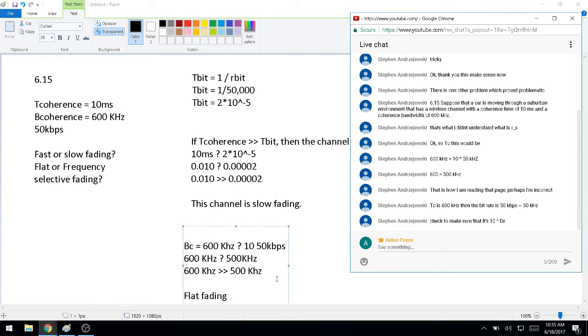Steven's giving his explanation as well, that the coherence bandwidth, that should be BC, is 600 kilohertz, and the bit rate is 50 kilobits, which is roughly equivalent to 50 kilohertz. It makes sense that this is flat fading, because we're looking at the bandwidth over which the signal remains relatively constant.